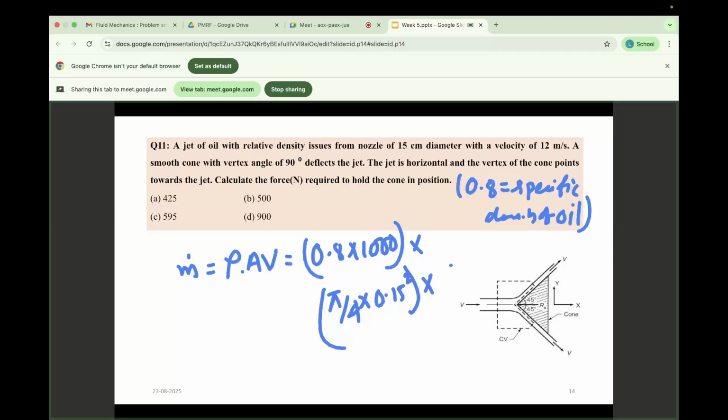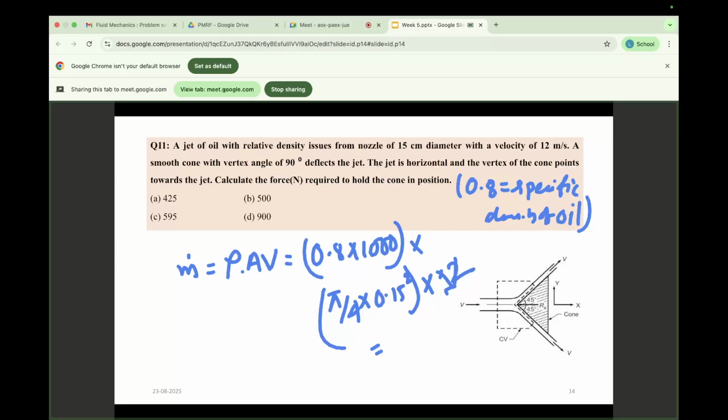And what about the velocity? Do you have any idea about this velocity? No, no, velocity is given. So velocity is 12. So we can calculate the value of the mass flow rate, which is 800 into this.